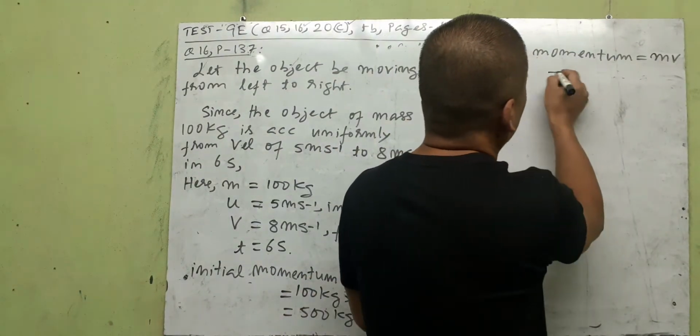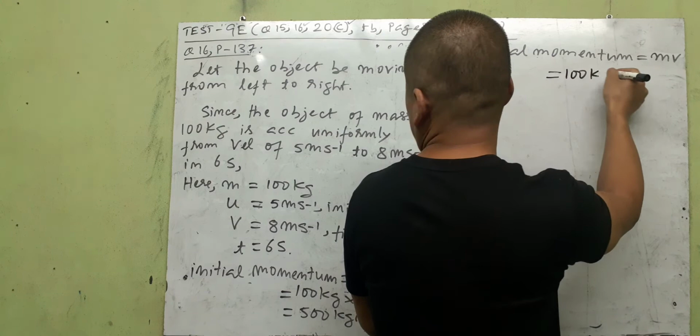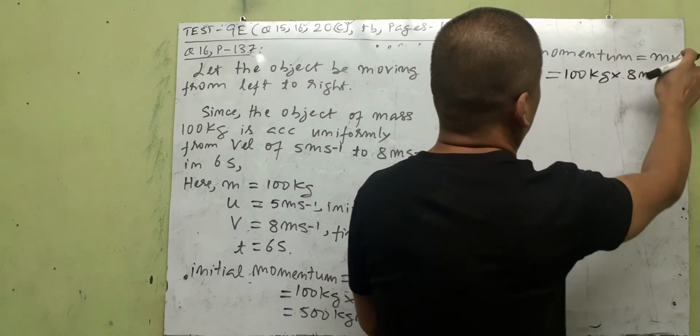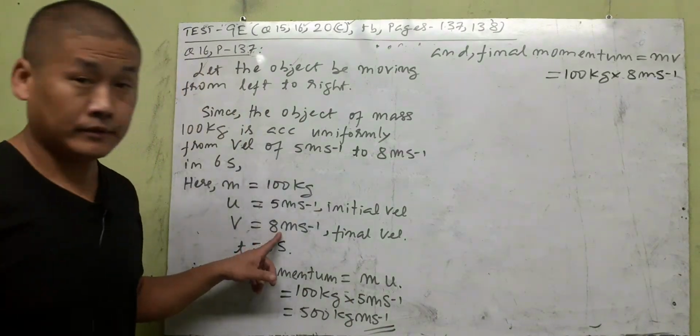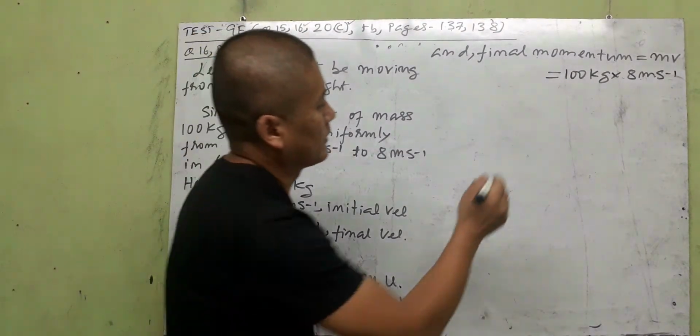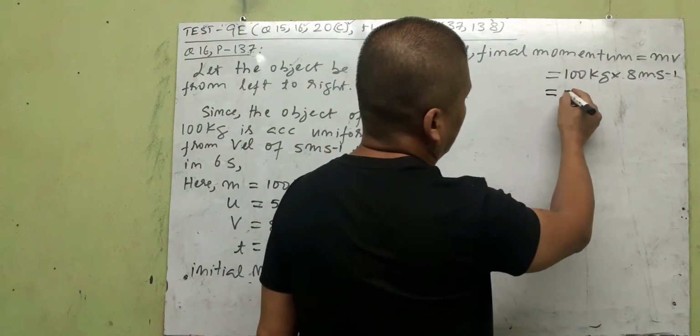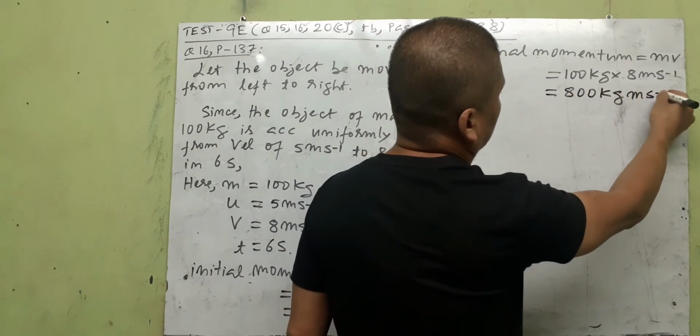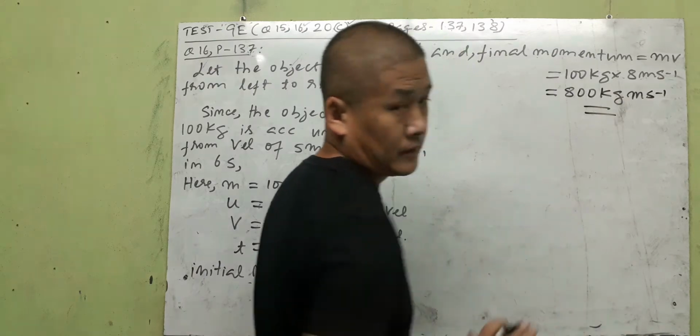So 100 kg into 8 meters per second. As you can see here, the v value is 8 meter per second to be precise. 100 into 8 is 800, then kg meter per second. So this is your second answer.